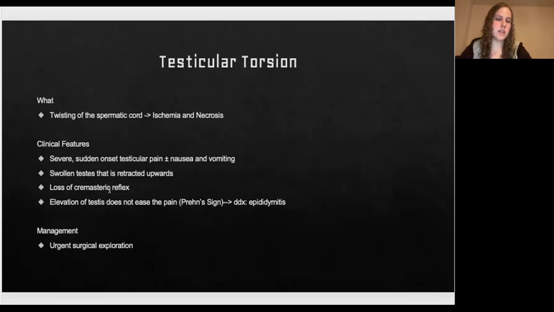But really, it can be difficult to tell sometimes. So it's better to take the risk and do the surgical exploration. If you think it's epididymitis, but you just want to, just in case, rule out torsion, you can do an ultrasound as well.